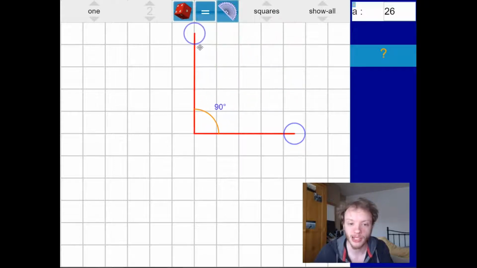We should be familiar with the idea of 90 degrees being a kind of quarter turn. We can then move on to 180 degrees, which is that half turn, so it's halfway round the point, which is that central point, and 360 degrees as a full turn.